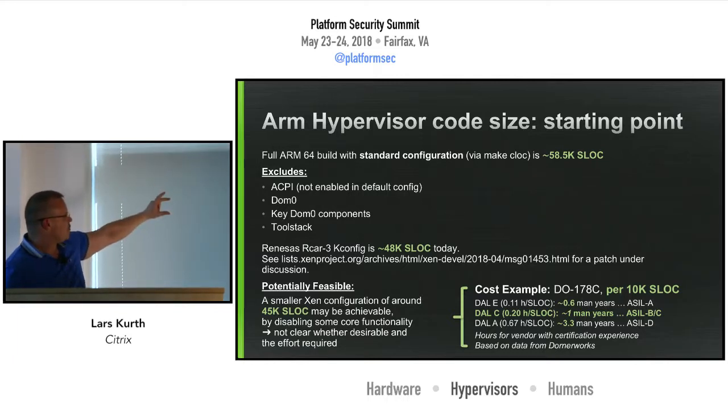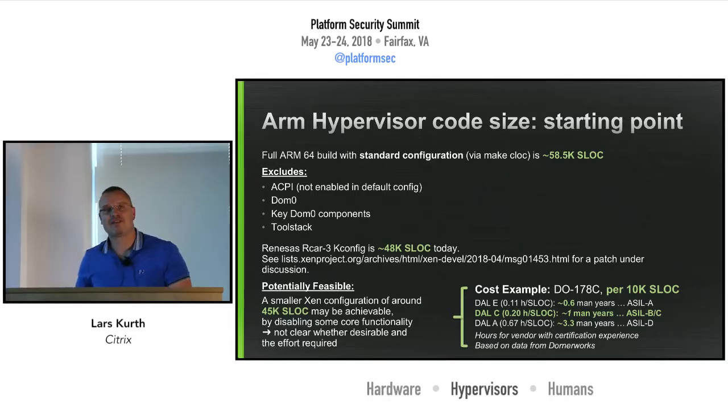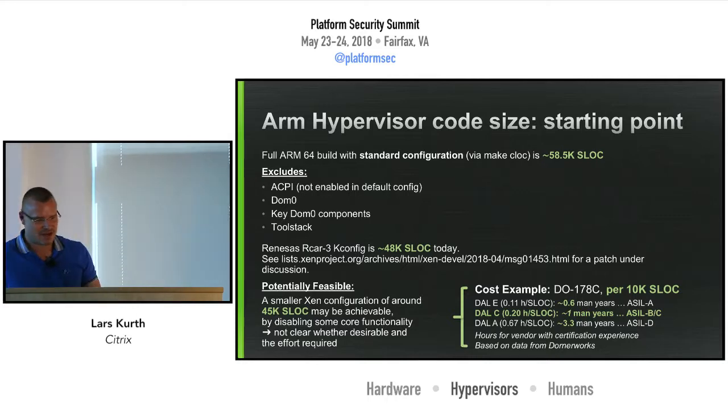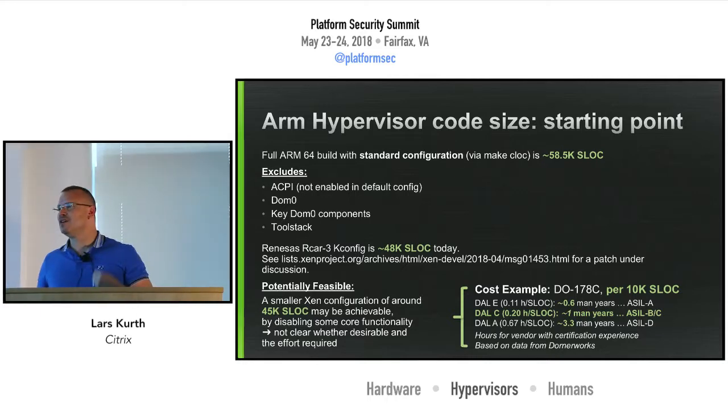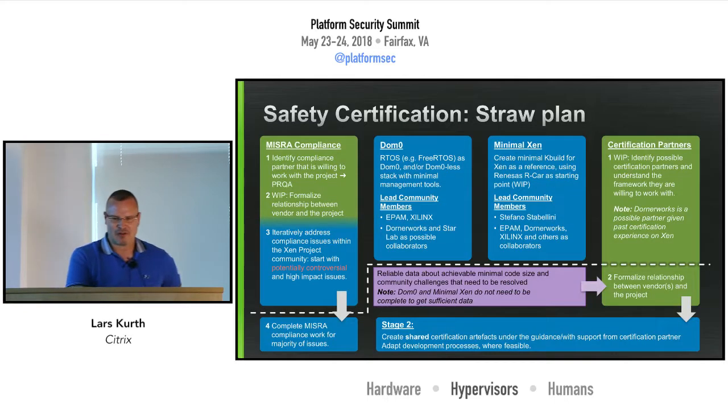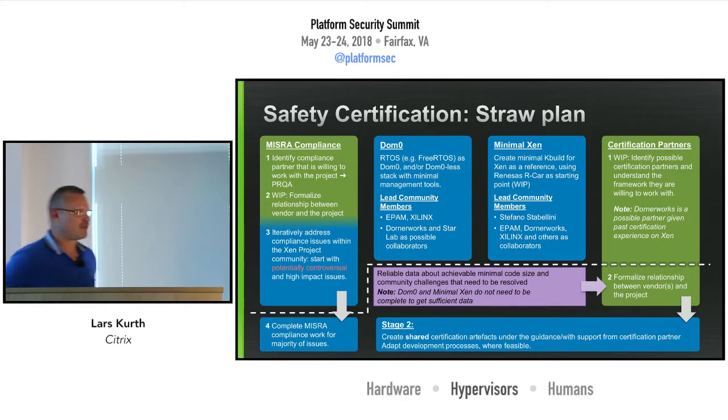We started to do board-specific configs, so we can get down to less than 50,000 lines of code, and that sort of makes it achievable from a cost perspective to really look at safety certification from an automotive perspective. We also have a straw plan together on how we might do this.